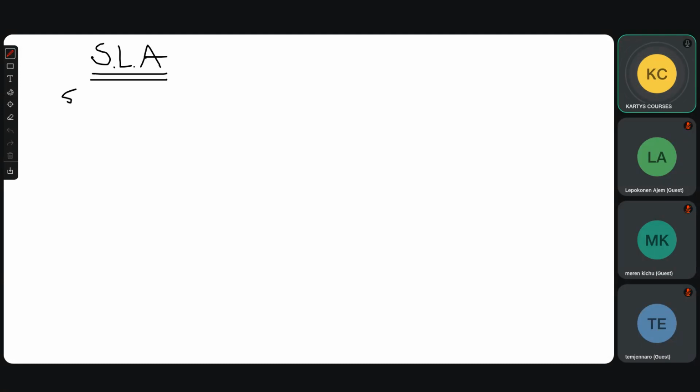S stands for service. L stands for level. And A stands for agreement. Service level agreement. It simply means time for something.